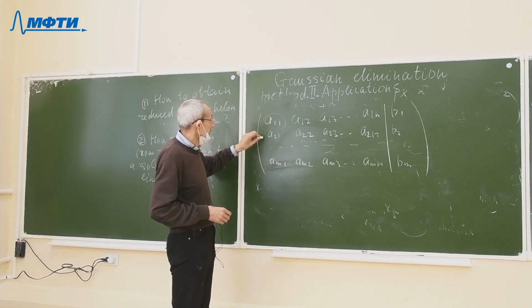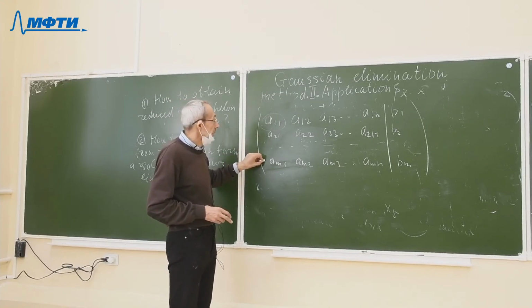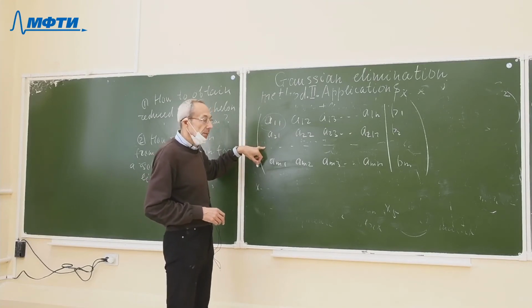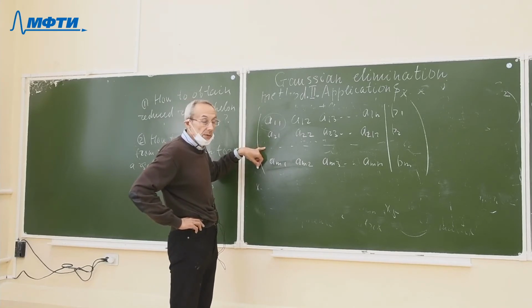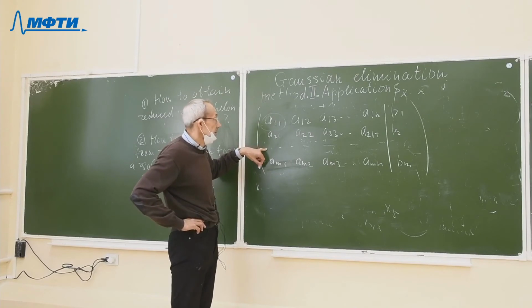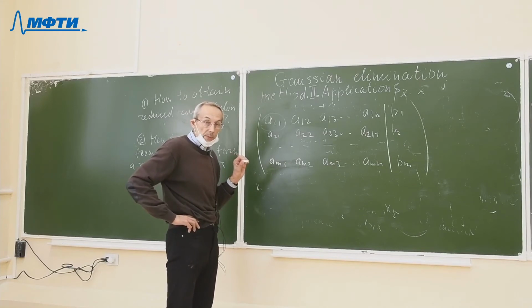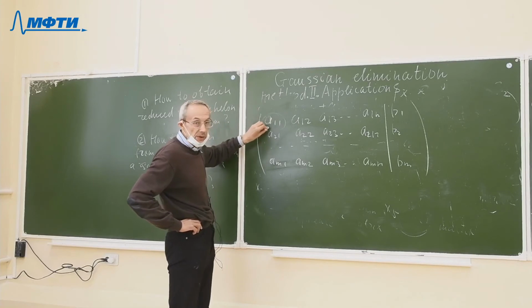If it is 0, we look for the non-zero element in the second column. Let's say the element on place number i is not equal to 0. We exchange these rows using the third elementary operation. After that, we can suppose that this element is not 0.